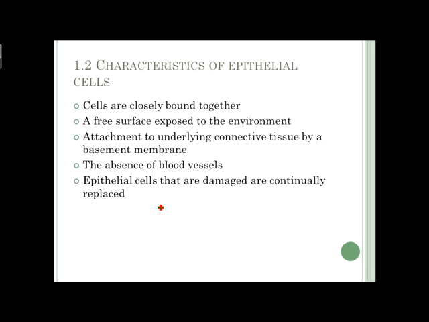Avascular epithelium. Okay, characteristics of epithelial cells. The cells are closely bound together. A free surface exposed to the environment, attachment to an underlying connective tissue by a basement membrane, the absence of blood vessels, and epithelial cells that are damaged are continuously replaced.